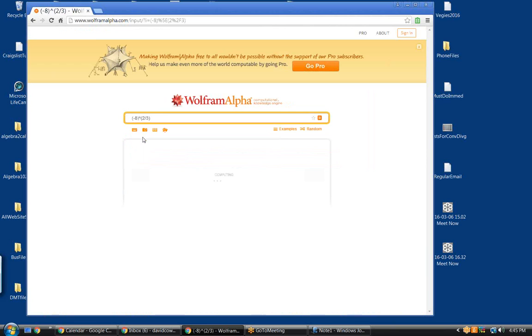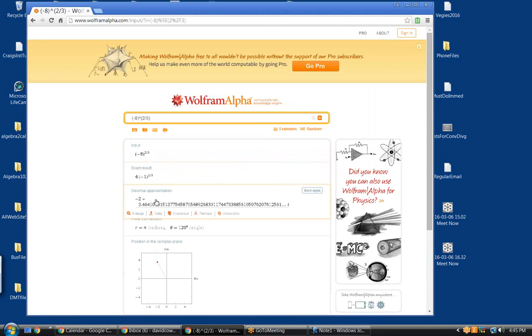The beauty about Wolfram Alpha is it tells you what you put in, which a typical calculator does not. Okay, there's my negative 8 to the 2/3. Notice their result down here. It's minus 2 plus 3.4i. Oh, wow. Nowhere there do you see 4 as the answer.